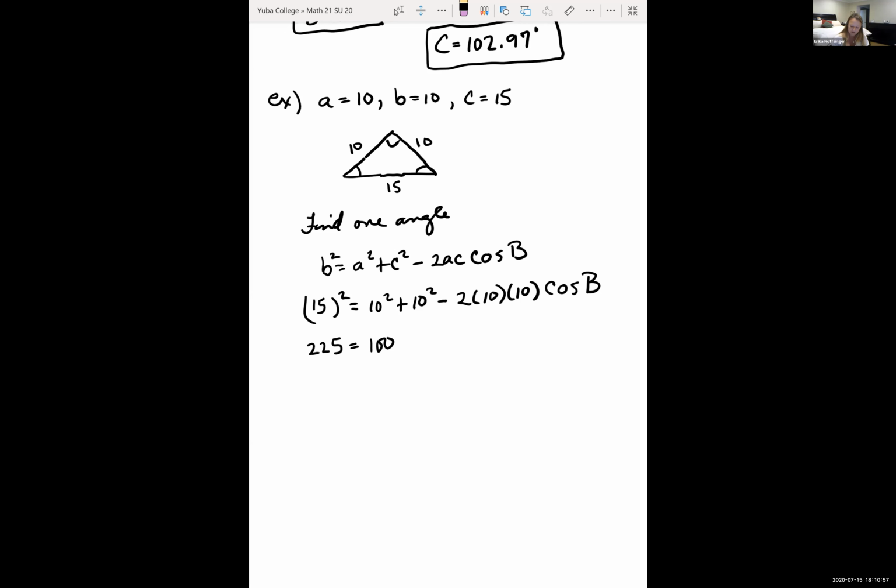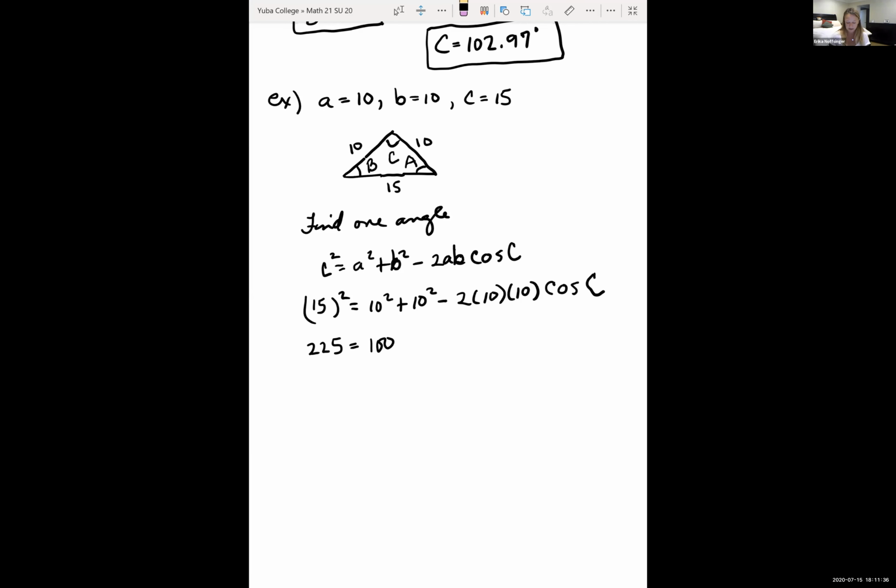Angle B is across from a 10, and angle A is across from a 10, so this would have to be angle C. Can we change that to a C? So this is C squared, this would have been a B squared, this is a C, this would have been a B. We're looking for angle C. Thank you for catching that.